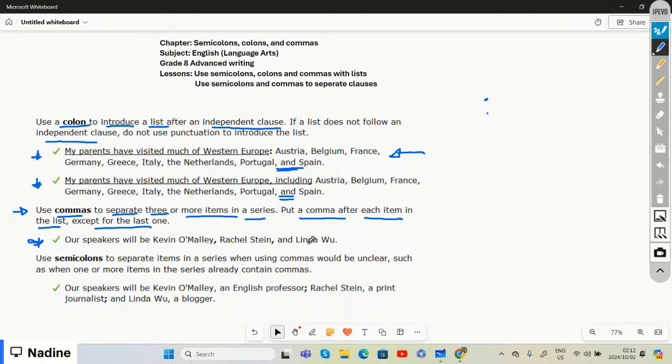And before the last one, "and," we did not add a comma because we are now saying this is the last one. That is why we use commas to separate three or more items in a series.